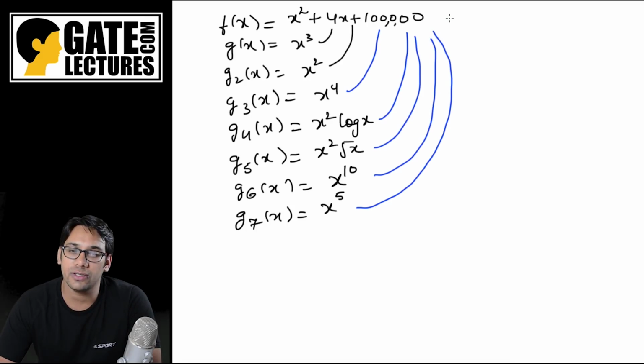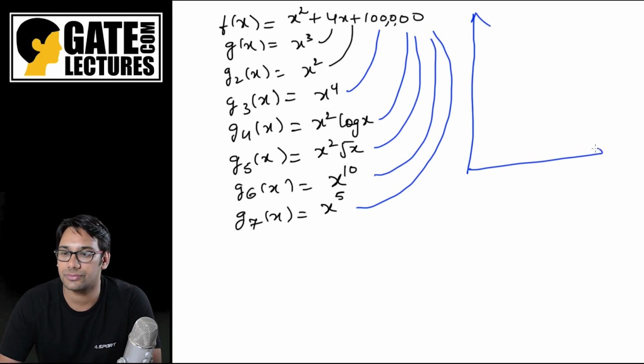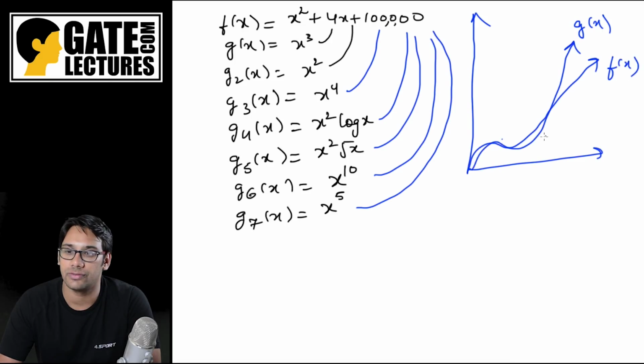So if you see, this g(x) is giving an upper bound to f(x). If you see the graph also, so this was the graph. This is g(x) and this is f(x) for all values of x greater than x naught, right?